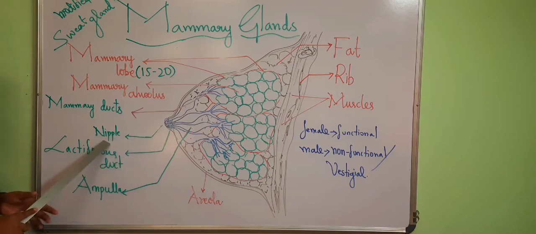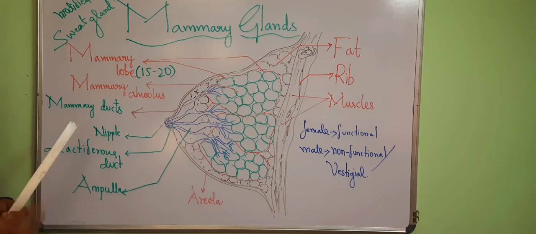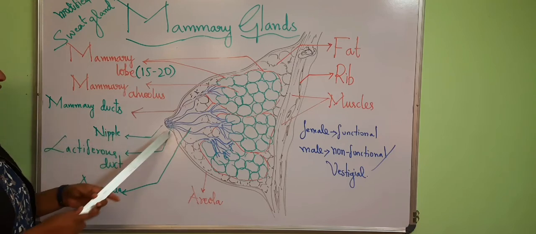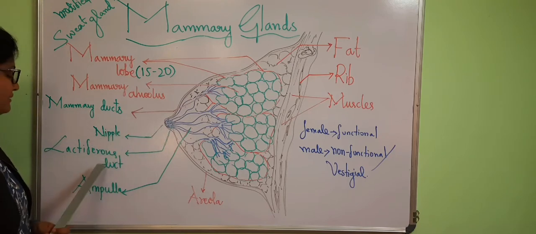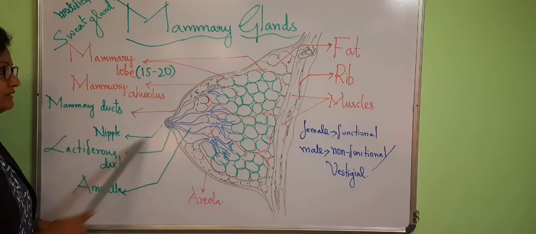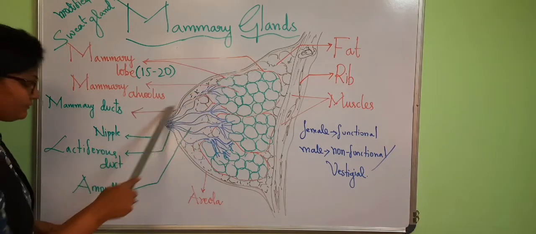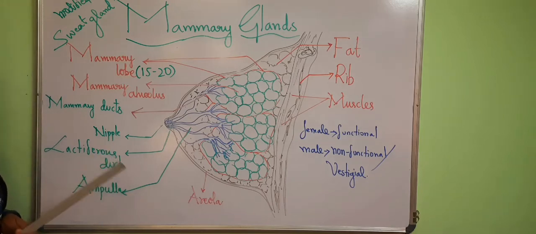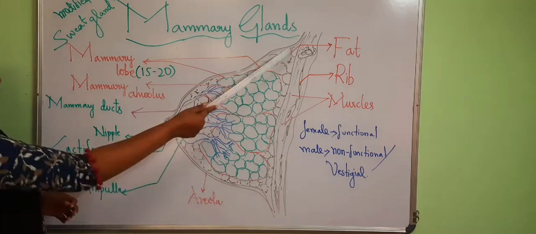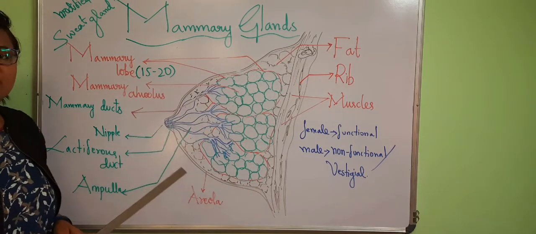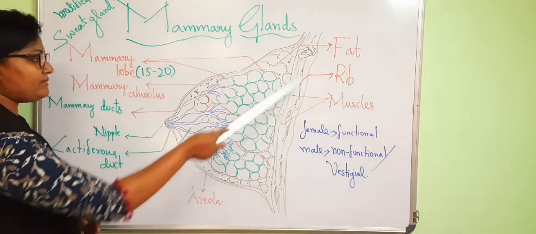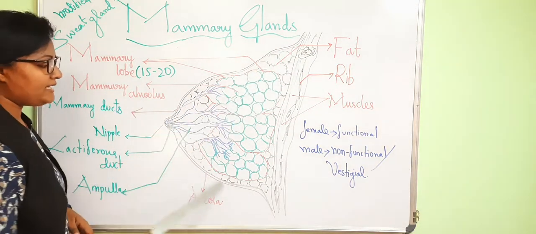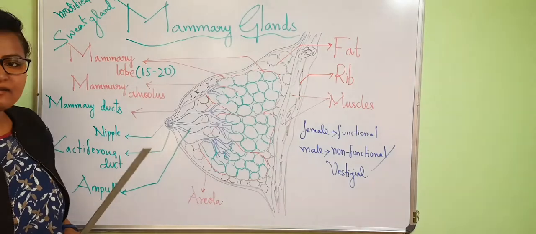Using the nipple, the milk is sucked mechanically by the baby from the lactiferous duct. The outer layer covering the breast is called the areola, and behind it the breast is strongly attached to the rib muscles, where the pair of mammary glands are attached.